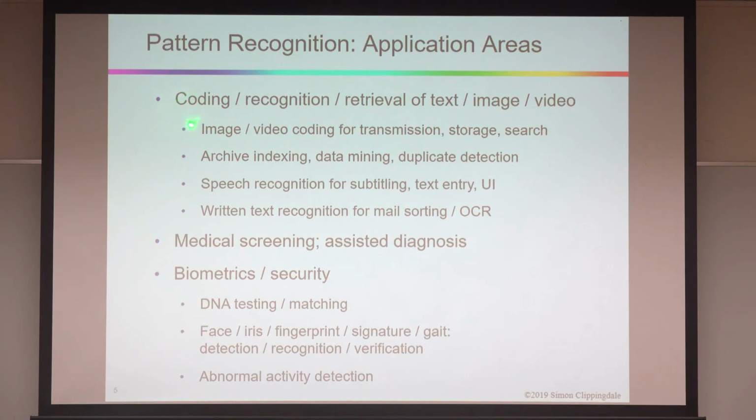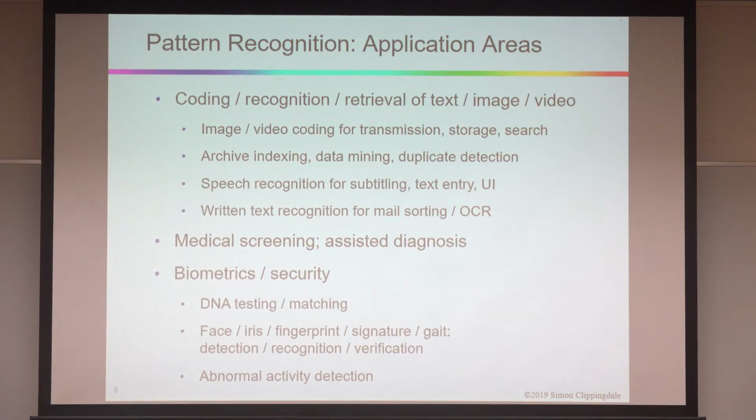Application areas include coding and recognition and retrieval of text and image and video, such as image and video coding for transmission, compression for storing images on disk, and for retrieval search. Archive indexing, this is something where I work at NHK.